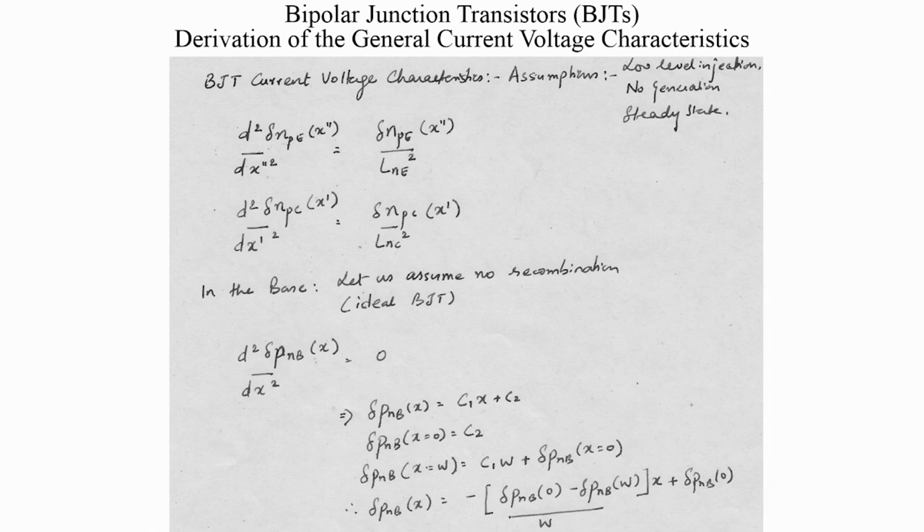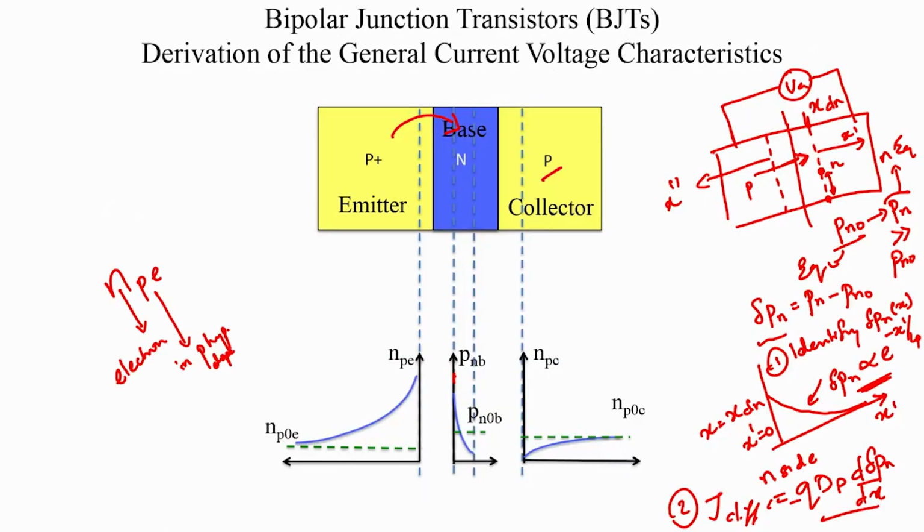Now before we do that, one thing which I have not marked out here is the coordinate system. So you can see 3 different coordinate systems. This coordinate system I will just call x, which means x equal to 0 is defined at this depletion boundary, the depletion boundary due to the base emitter junction, the one sitting in the base, very specific.